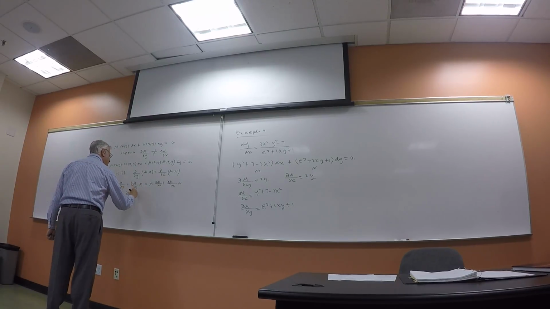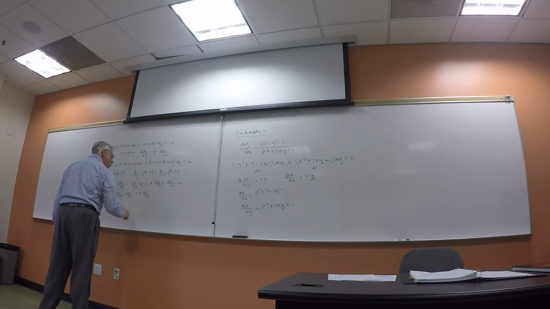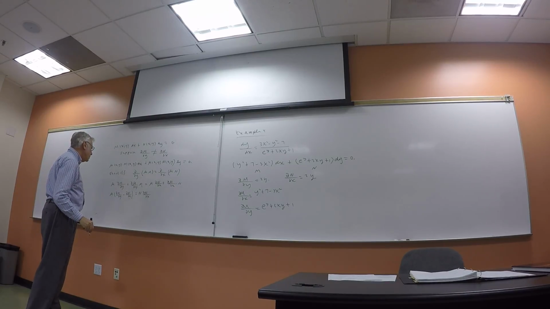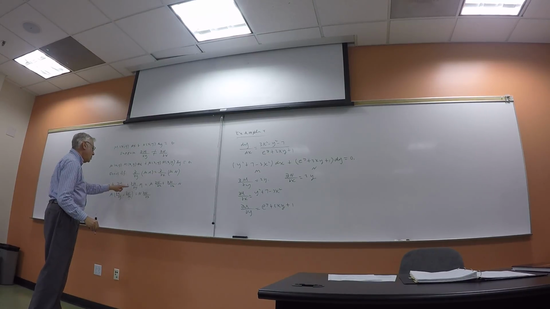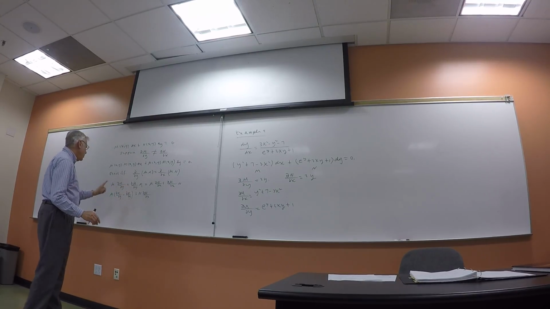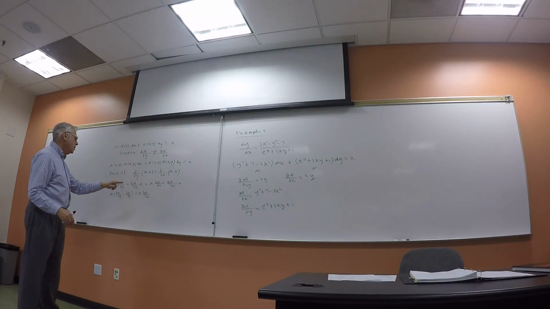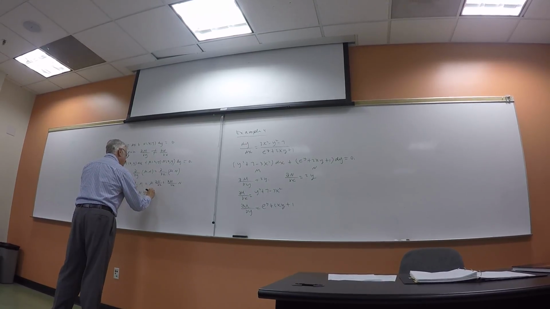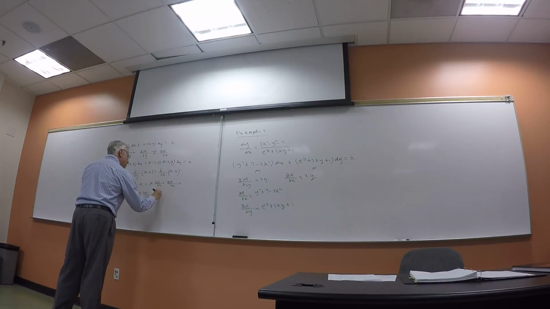On the right-hand side, I have N(x,y), which I know, times the partial of mu with respect to x, minus M times the partial of mu with respect to y.